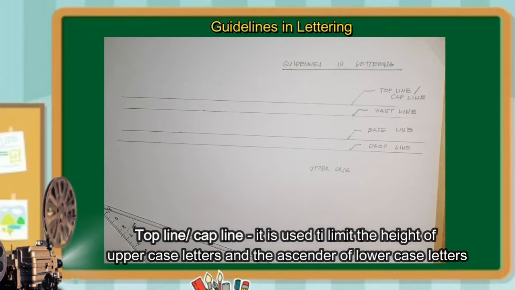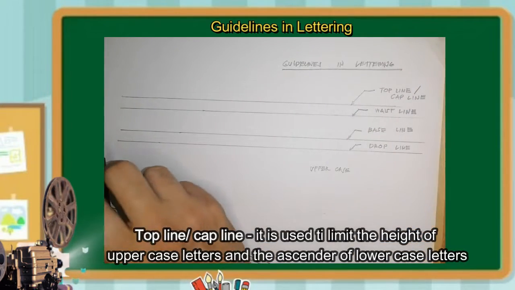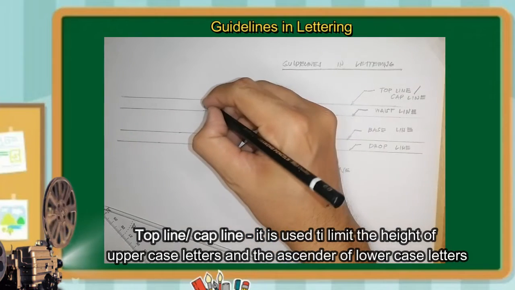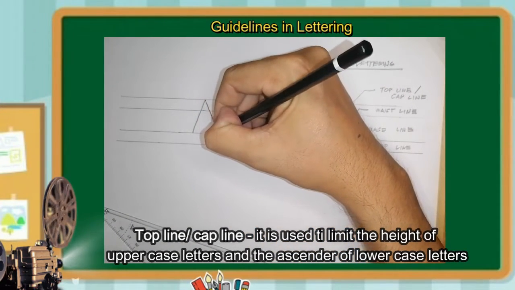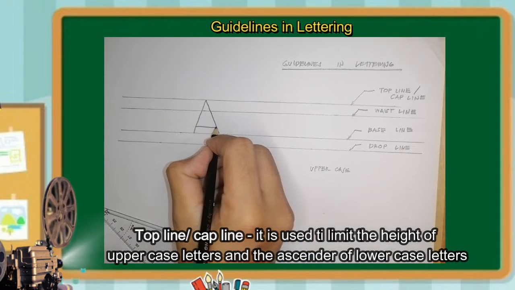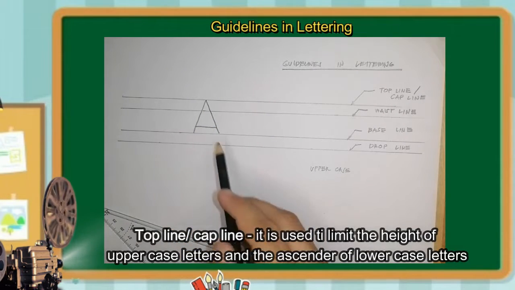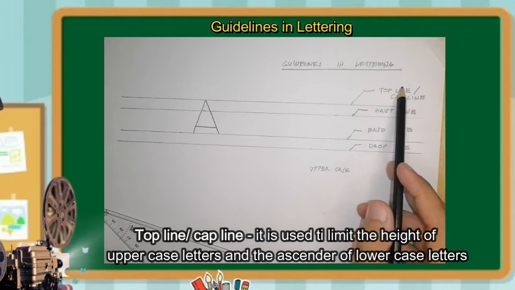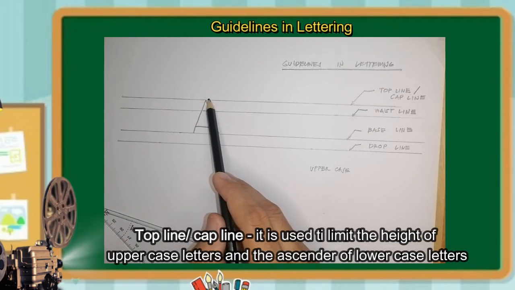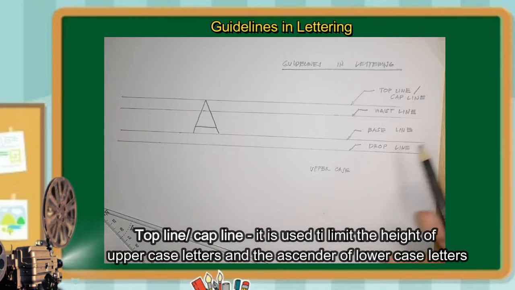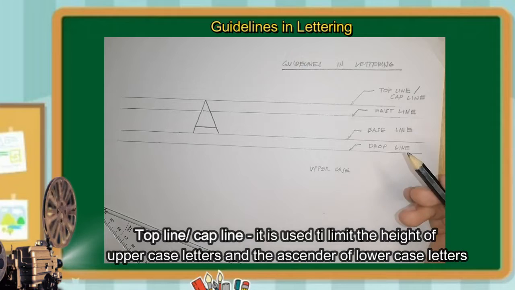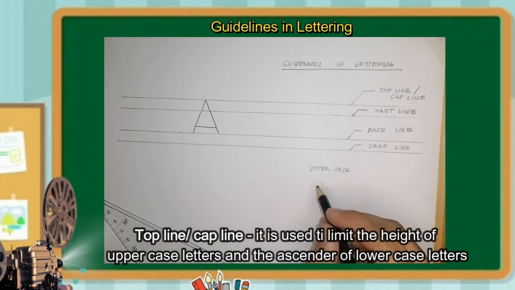Example of uppercase letter, gagamit tayo ng letter A. Here, one function of top line is it maintains the height of the uppercase letter and the ascender of lowercase letter.